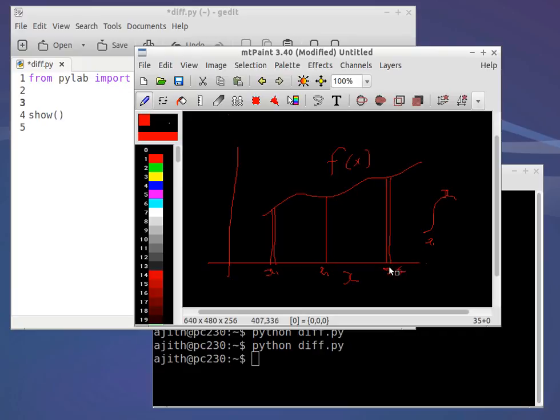So this portion is the width is delta x, and here you will have say f of x, this y is equal to f of x this point, and this point will be y is equal to f of x plus delta x. So this area of this trapezoid you can calculate, and then you can add them together to get the entire area of the curve.